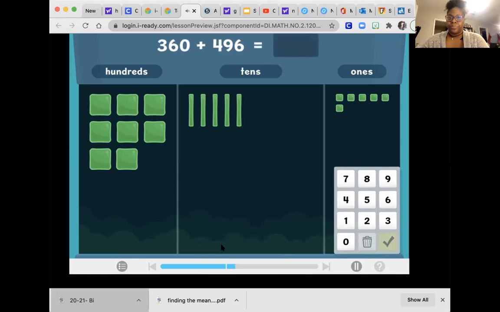What is 360 plus 496? Enter the sum. Now let's add up what we have left. Let's check the hundreds place first. We have 8 hundreds. 5 tens. And 6 ones.